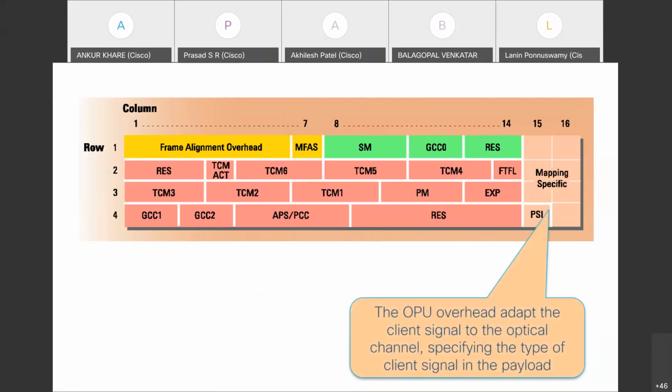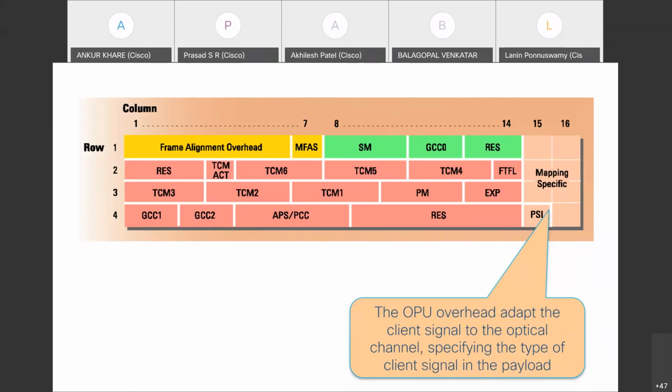The last one is the OPU overhead. So OPU will carry the data basically. The OPU payload will have the type of payload I'm carrying. How would I know what type of payload I'm carrying, suppose Ethernet or SONET or anything? It will tell within the bytes. There is a byte called payload type, PT.